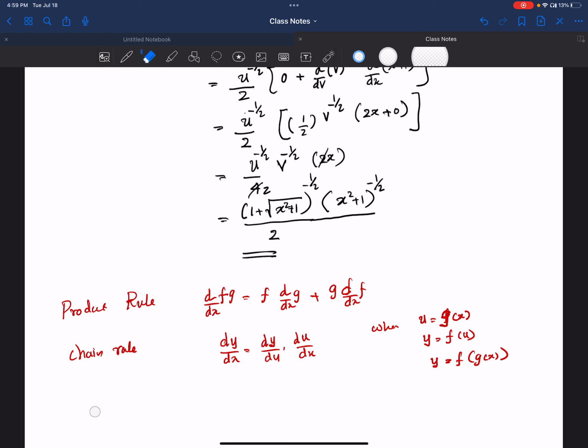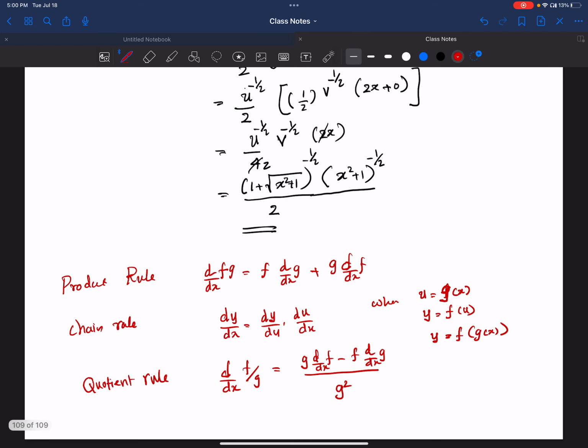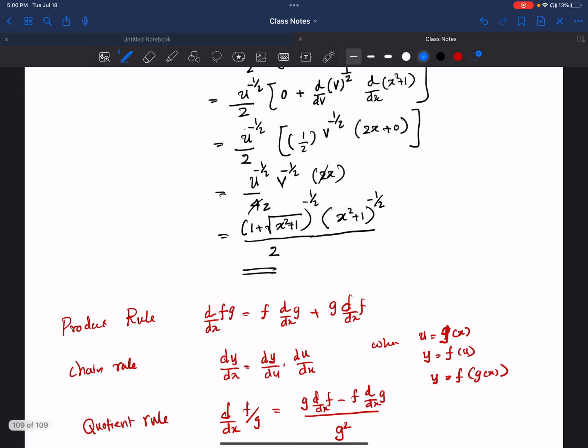And then the quotient rule: d over dx of f over g is equal to g times d over dx f minus f times d over dx g, all over g squared. And we also learned that d over dx of g to the power n is equal to n times g(x) to the power n minus 1 times g prime of x.